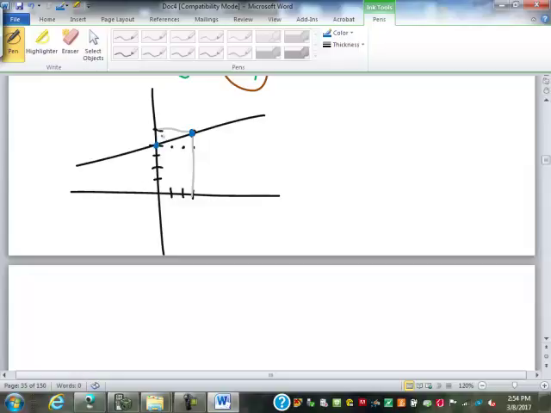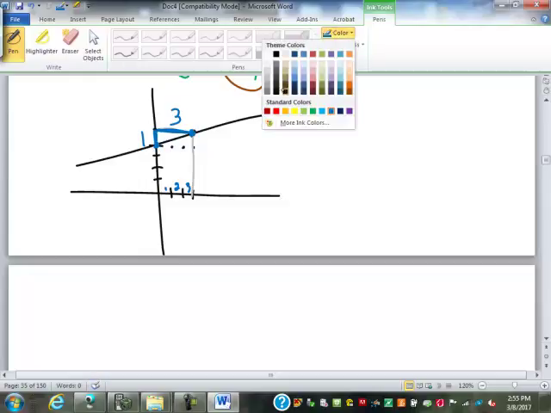To get to this second point, how far do we have to rise? 1. How far do we have to run? It's 1, 2, 3, right? So our slope is 1/3.